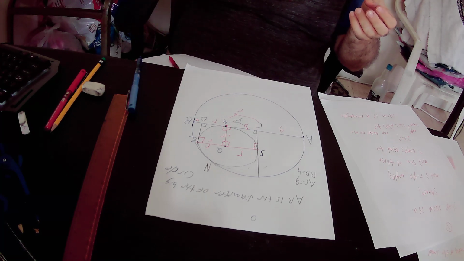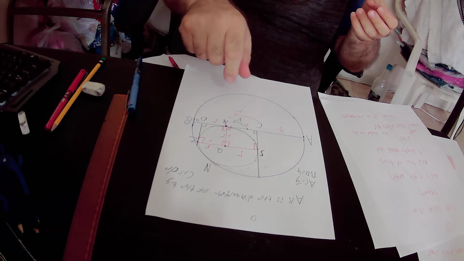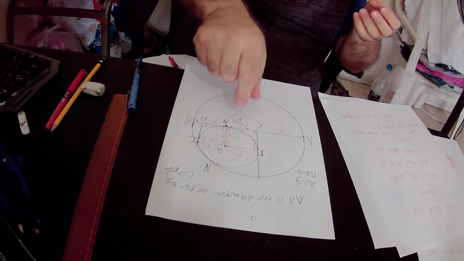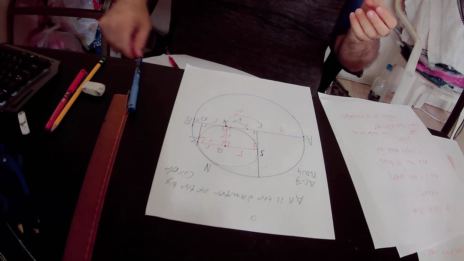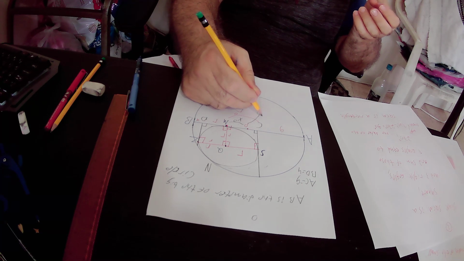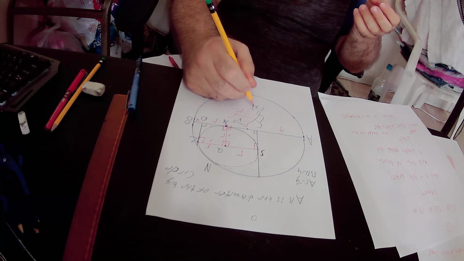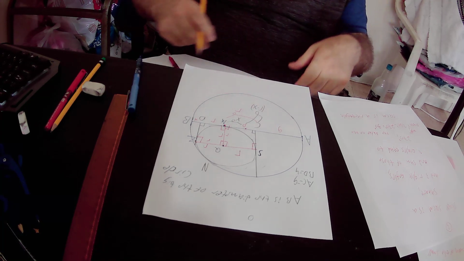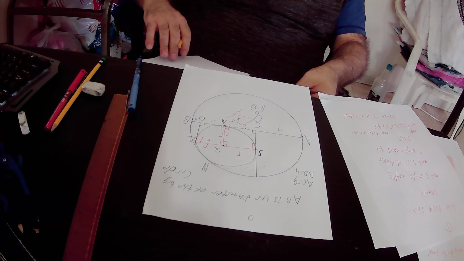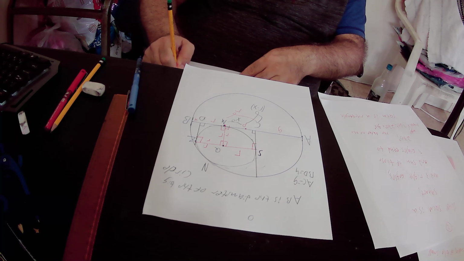That is to say, CP equals CM, that is R, minus PM, that is x. Or CP equals small r minus x. Again, I write it down that CP equals small r minus x.